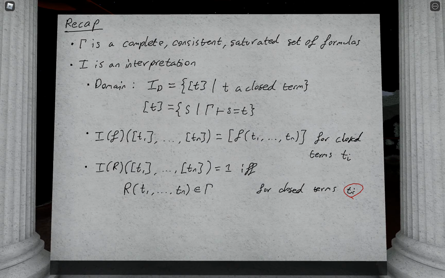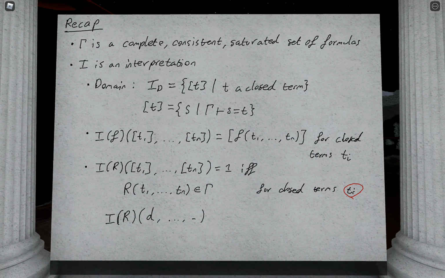So just to point out something, if I want to apply I of R to just some sort of anonymous equivalence class, I'm not really sure what to do.